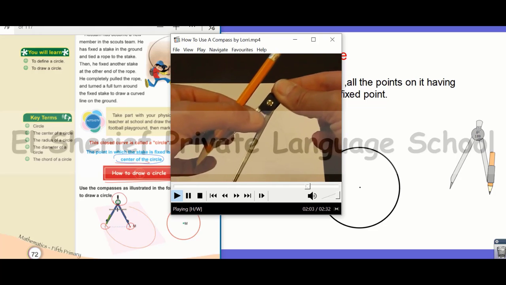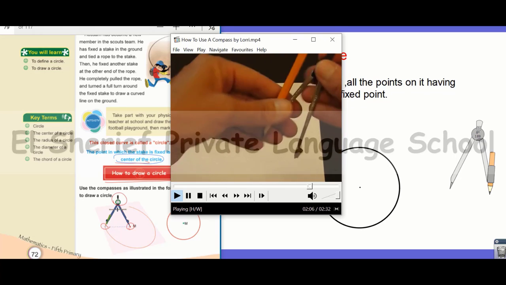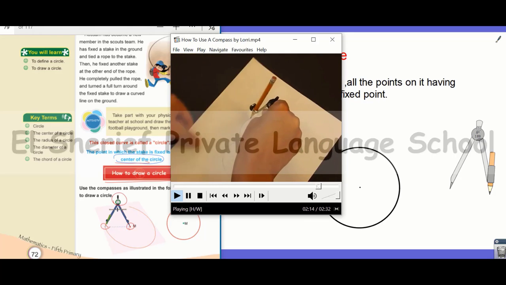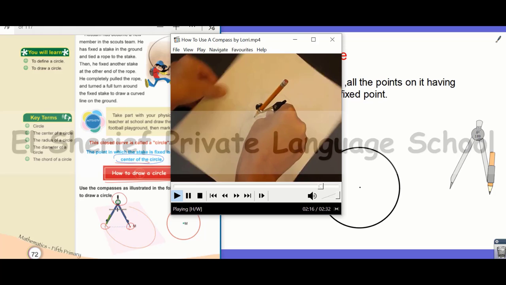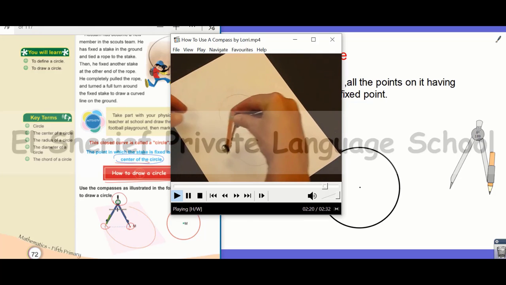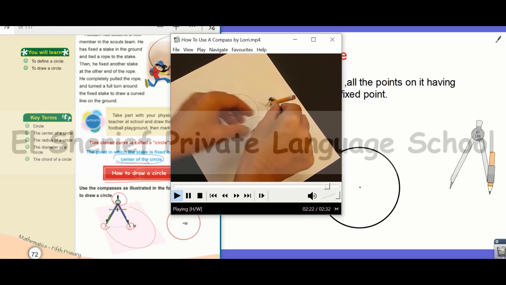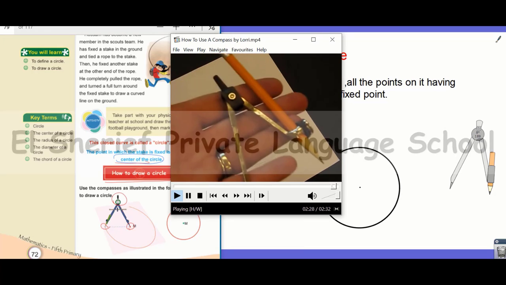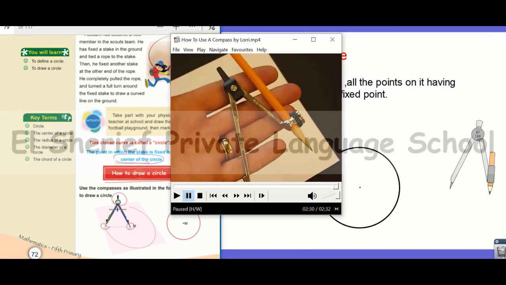Handle part there. You do not need to hold this part. And if I just demonstrate one more time, for those of you that are new to this, hold your point, leg, and turn your paper. And once you get more confident, you can actually just hold top part. And there is how to use one of these mathematical tools.